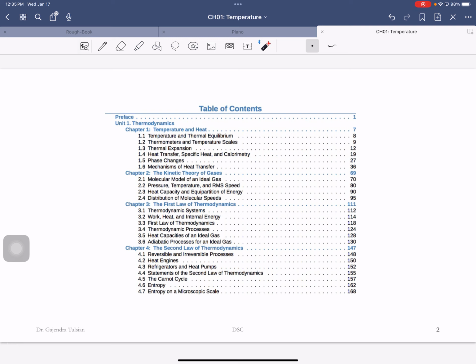Now, the first 4 chapters in this course constitute the subject of thermodynamics. This will become an entire course in your junior or senior levels. So it's a very important topic. We'll start off by defining temperature and heat in this chapter. Then we'll talk about the kinetic theory of gases.